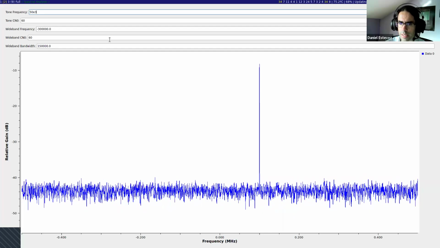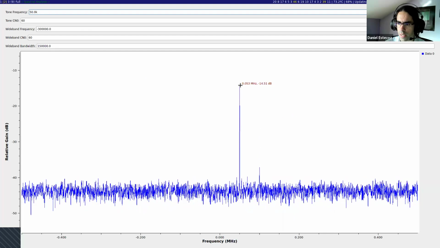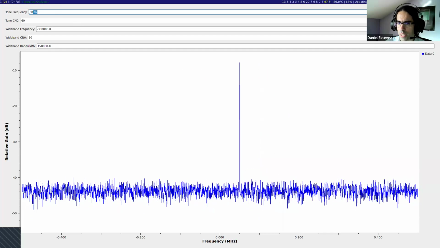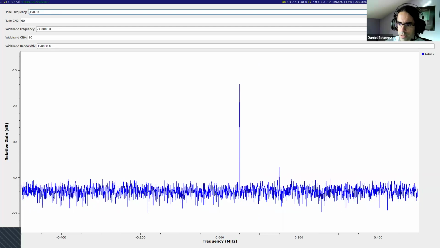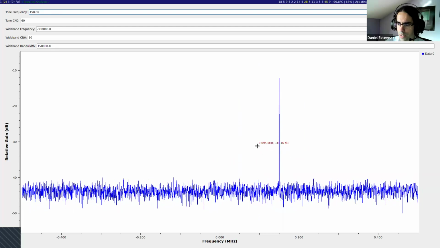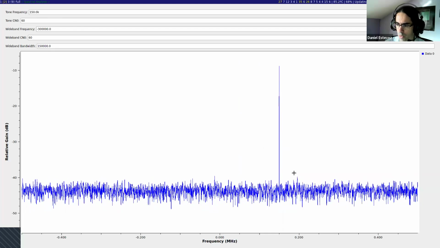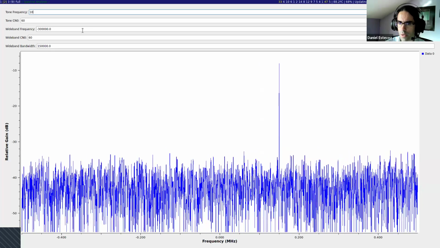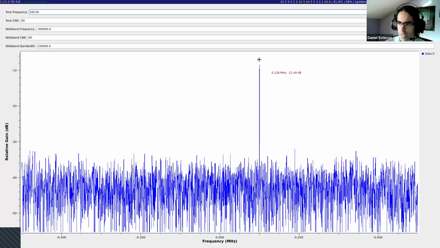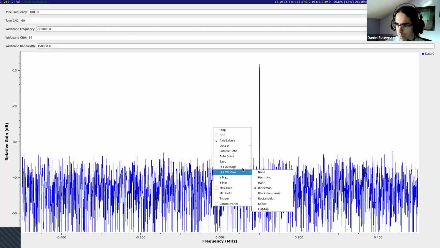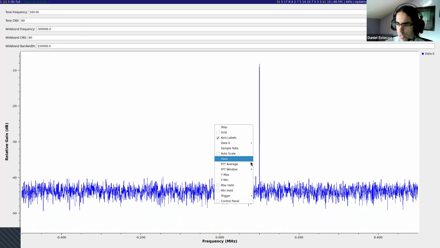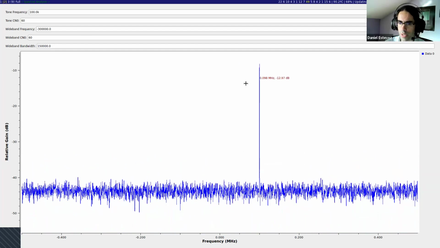If I want, I can set 50 kilohertz, for example, and it jumps here. And you can see that it doesn't jump instantaneously because of the averaging. So if I remove the averaging, you can see it is much noisier, but then the jump is instantaneous. So there are advantages and disadvantages of using averaging here, as you can imagine.